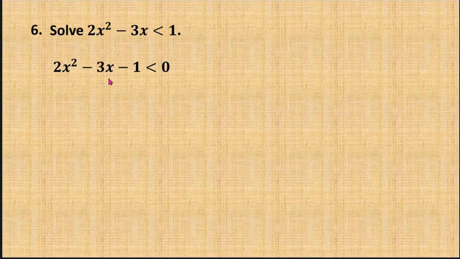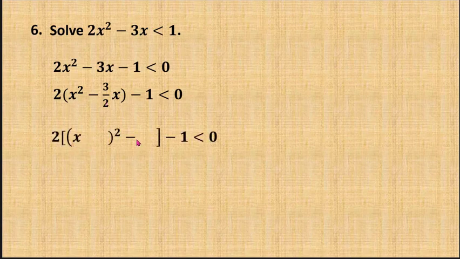To do completing the square, the coefficient of x squared should be equal to 1. So, I factorize the 2. Now, completing the square can be done in the brackets. The perfect square should be in this form.